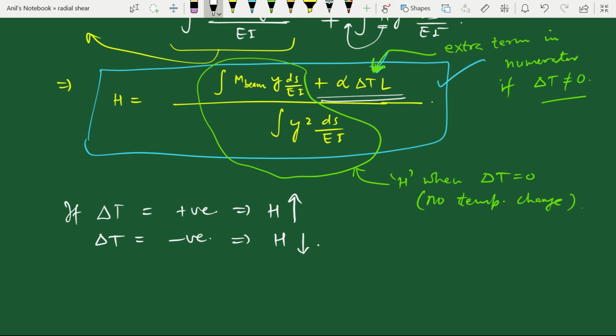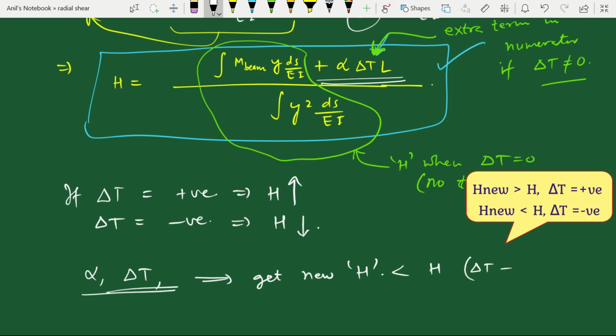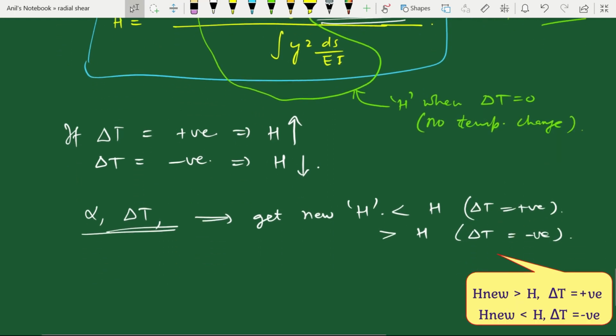So if we are given alpha delta T, we can easily get the new horizontal thrust, which will be more than H if delta T is positive, and less than H if delta T is negative. So that's all for temperature.